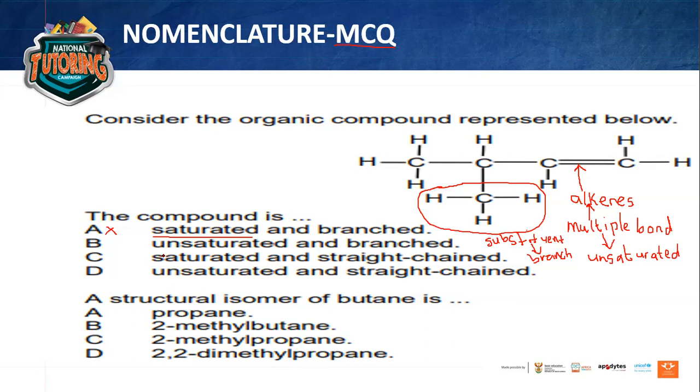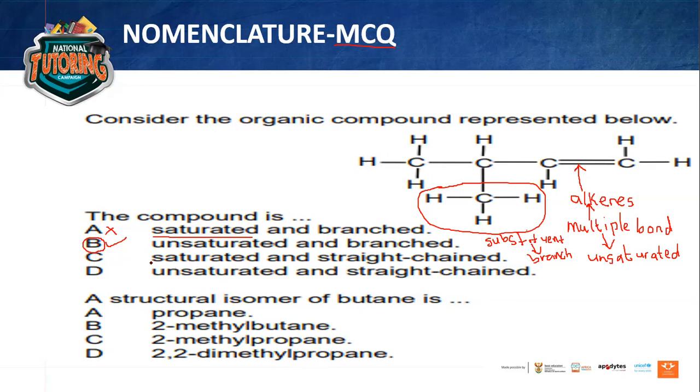Then I go to option B. Option B, unsaturated. Yes, it is unsaturated. We've already talked about that. And then branched. Yes, it is branched. It means my correct answer is option number B. All together, we don't have to go further because both of these apply to the molecule.